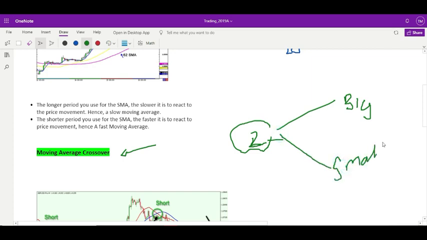As we explained, small moving averages react to the prices. The bigger one doesn't react too much, it doesn't have noise.